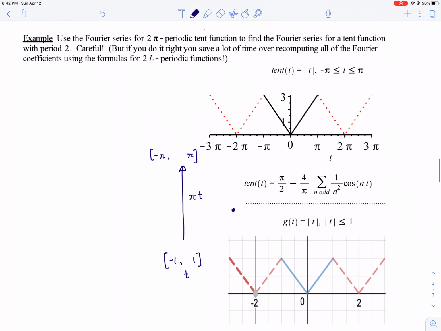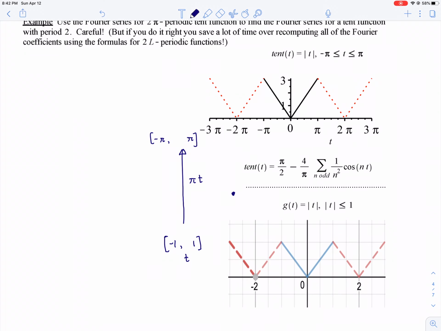Okay, so we know the tent function. We know its Fourier series. So how is that related to the g function for the period 2 tent graph? Well, I already know how the t's have to go to pi t. So let's see what tent of pi t is.